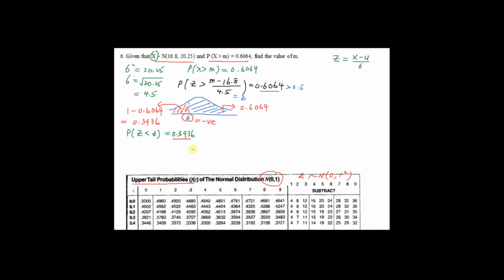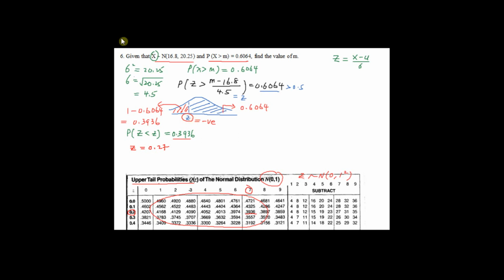Remember, to find the probability, you have to look inside here where this is the probability. So we are looking at 0.3936. The Z score is 0.27. A lot of students make a mistake here, that is they put the Z score as 0.27. Remember, I told you that the Z score should be negative.